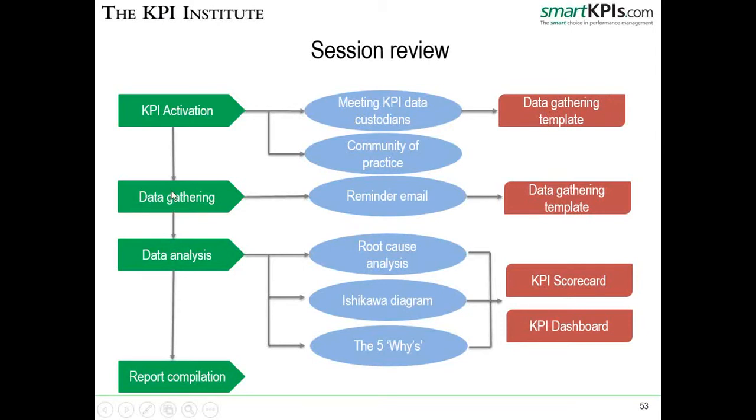The data gathering process, and again here we have the data gathering template, data analysis, and we looked at root cause analysis, the Ishikawa diagram, and we've discussed the 5 whys.